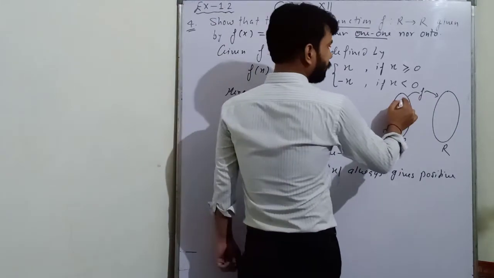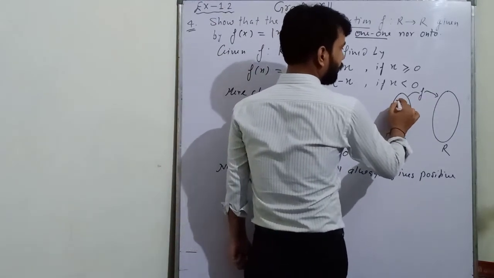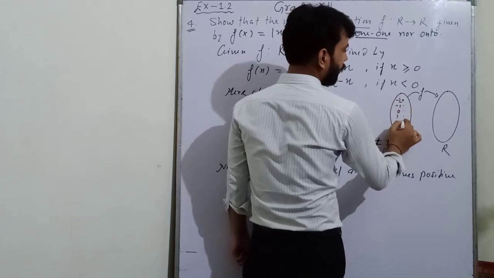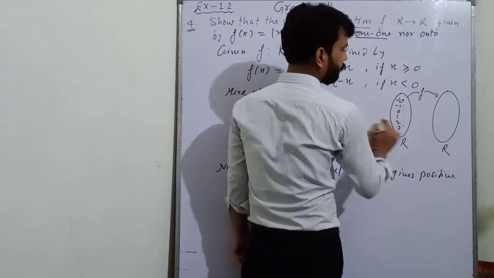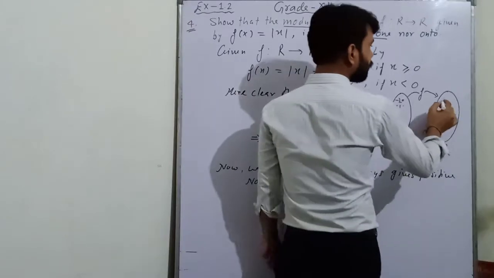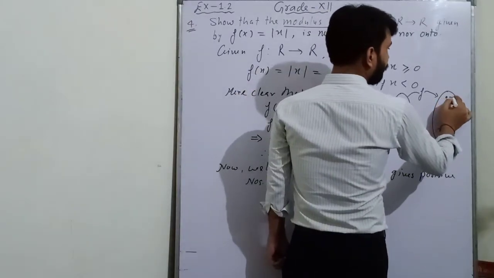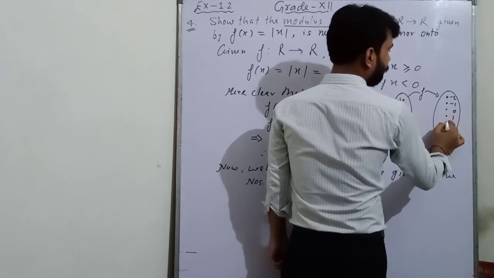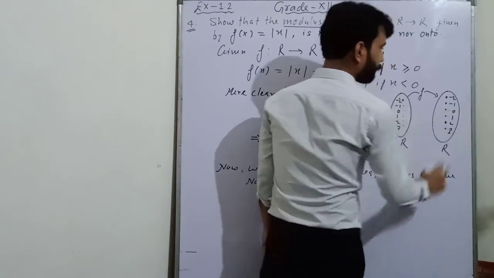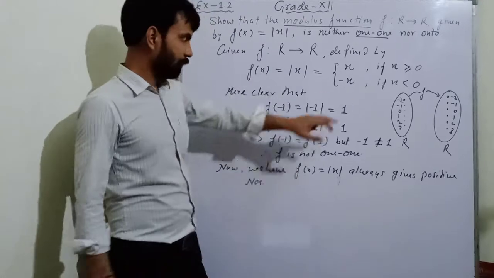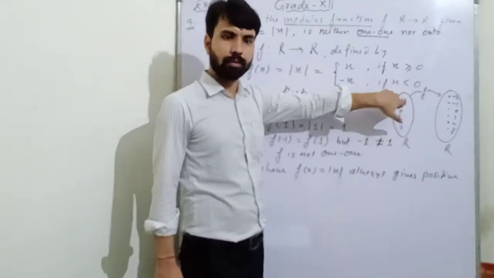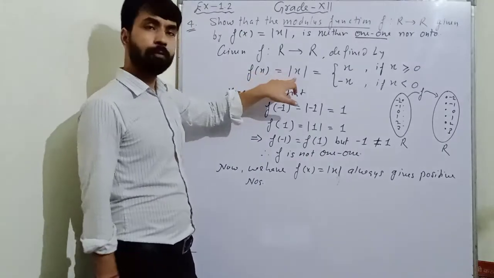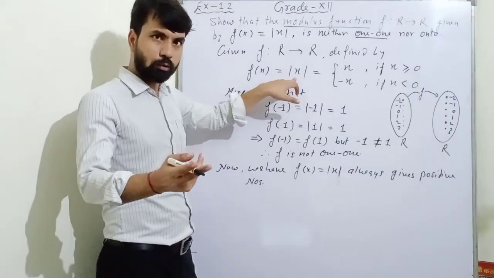In real numbers, some numbers are there: -2, -1, 0, 1, 2, 3, and here also we can take -2, -1, 0, 1, 2 and 3. So see, if I am taking the image of -2, what will be the image of -2? Mod of -2 gives you +2.